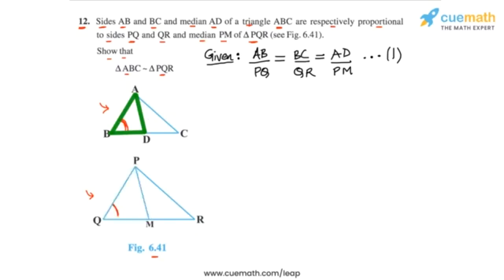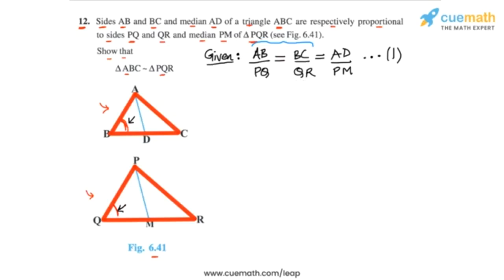And then finally, if we consider triangle ABC and triangle PQR, we will be able to apply the SAS similarity criterion to these two triangles, because angle B is equal to angle Q and the sides including these angles are proportional, because that's something that's already given to us. AB by PQ is equal to BC by QR. Okay, so this is how we will solve this problem.